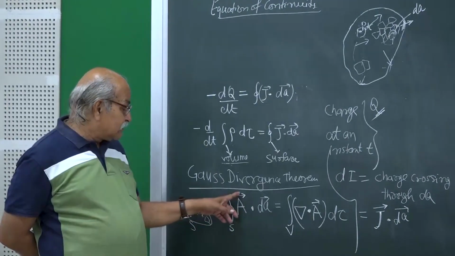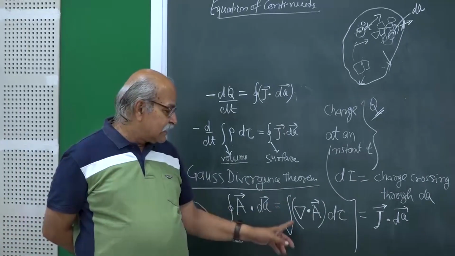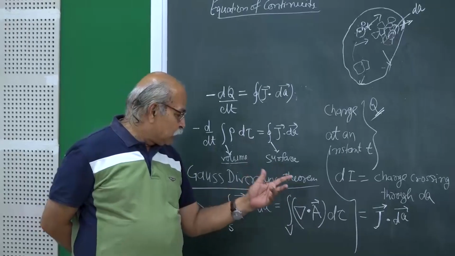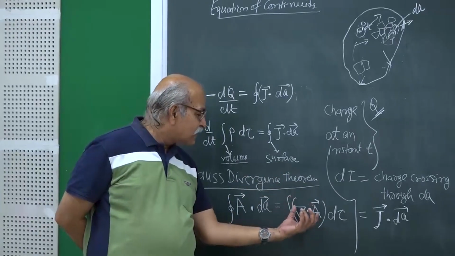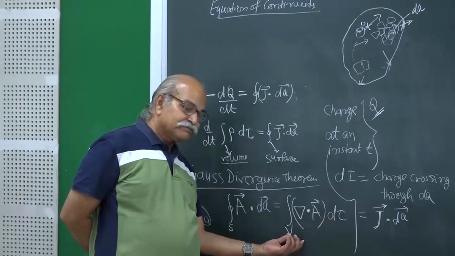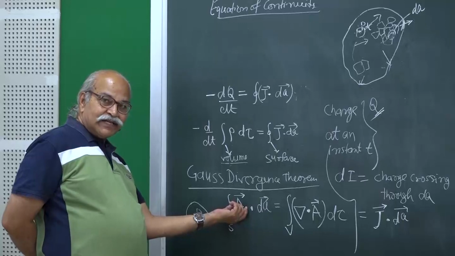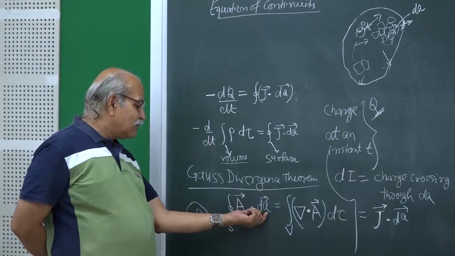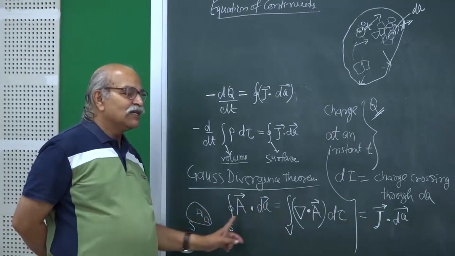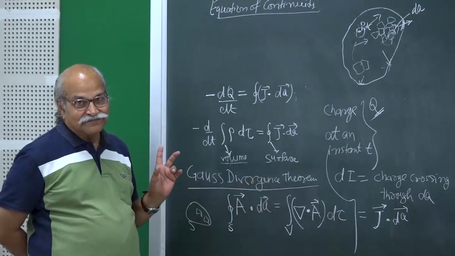Here you have vector A itself, and this is divergence of A, which is a scalar. If you take the divergence of A and integrate over the volume, and you take A itself and integrate over the surface of that volume, then these two are equal. This is known as the Gauss divergence theorem.